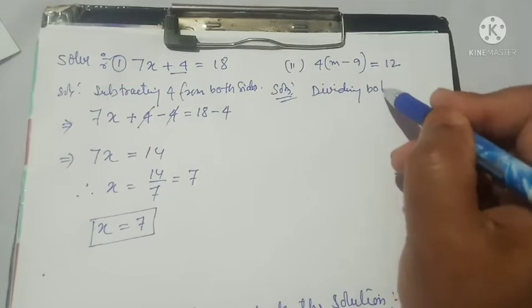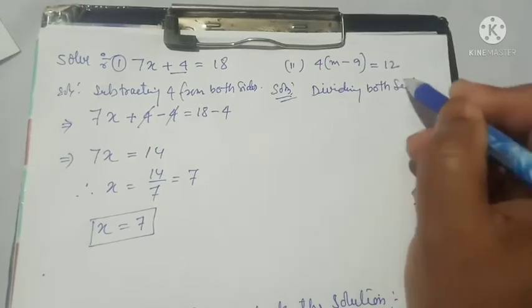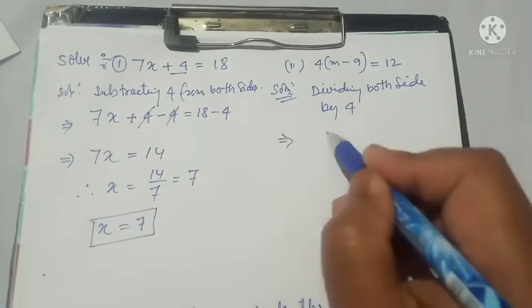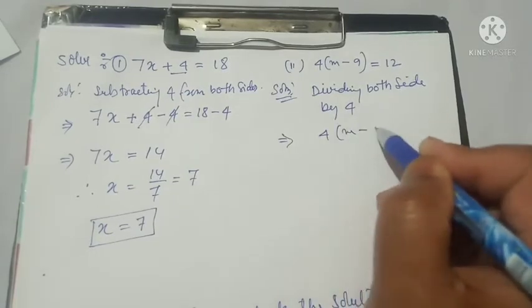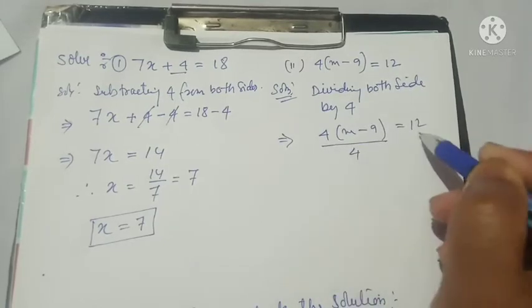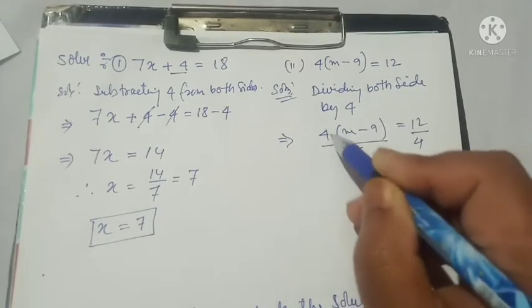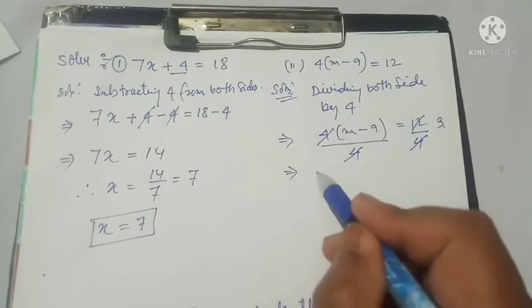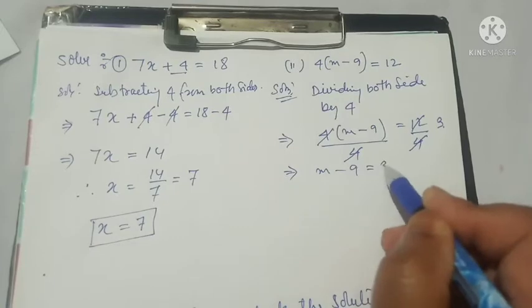Here comes 4 into m minus 9 equal to 12 divided by 4. Here also 4. Now you can cancel this and you can cancel this. We get m minus 9 equal to 3.